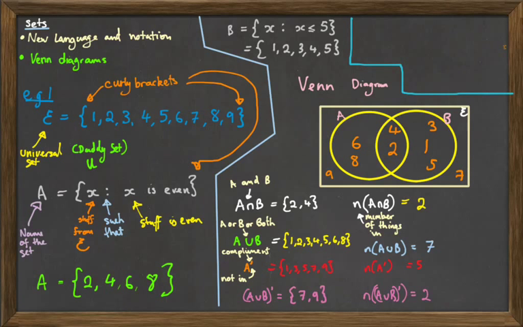Okay, one final piece of the puzzle. Let's look at something a bit more tricky. So this means it's not in A, or it could be in B, or it could be in both, B and not A. So if I go back there, we could shade all the items that are not in A. So that's the 3, the 1, the 5, the 7, and the 9.